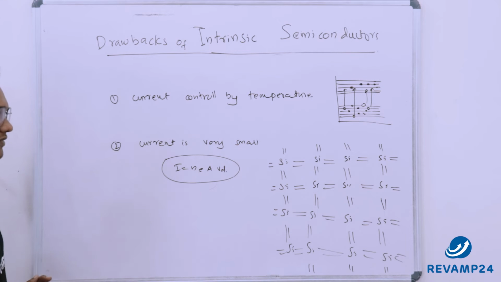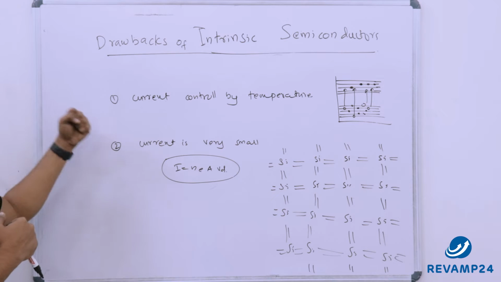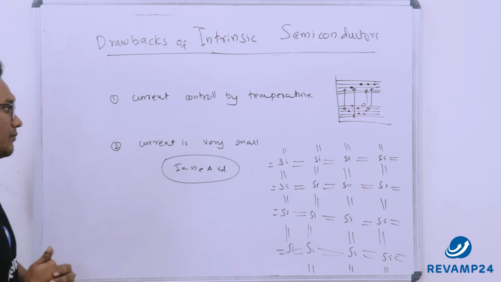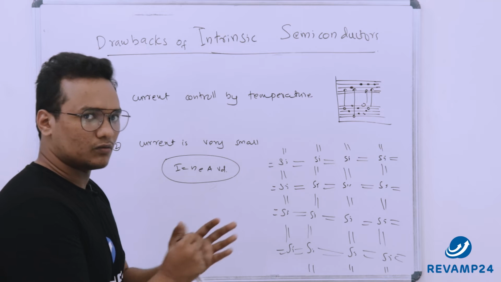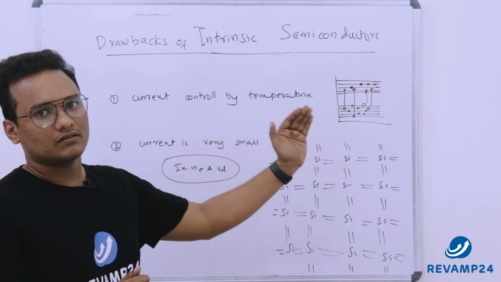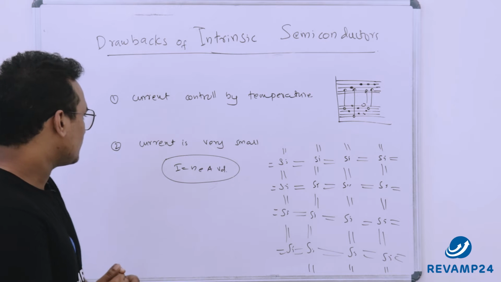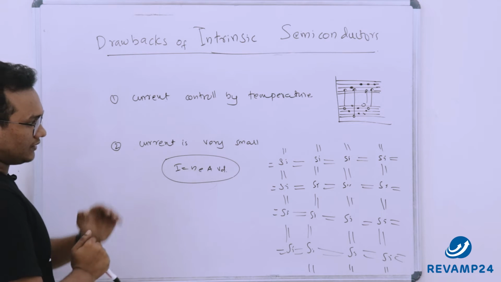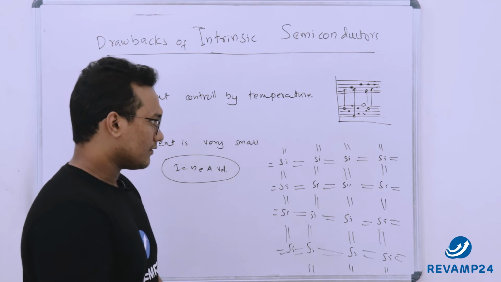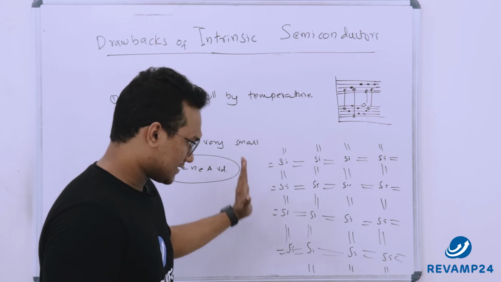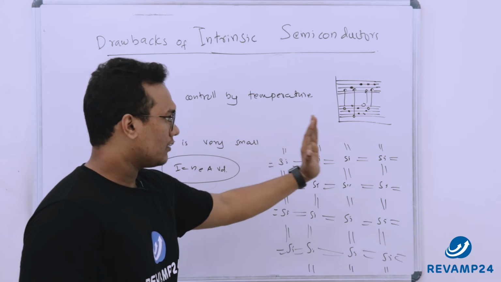Now to overcome this, how do we need to overcome? We should be able to control the current, right? And next thing is we need a large number of free electrons even at room temperature for the contribution of current. These things would be done with the help of doping. Now I can say that this is a pure crystal.